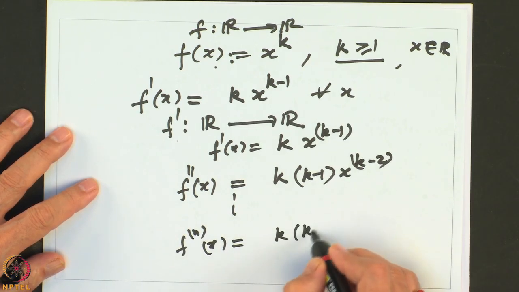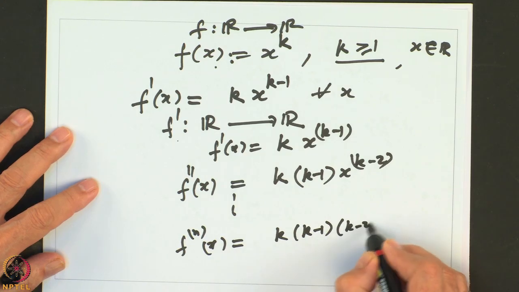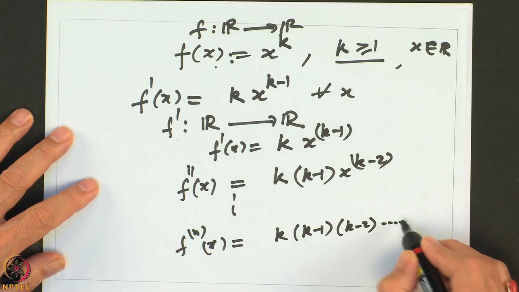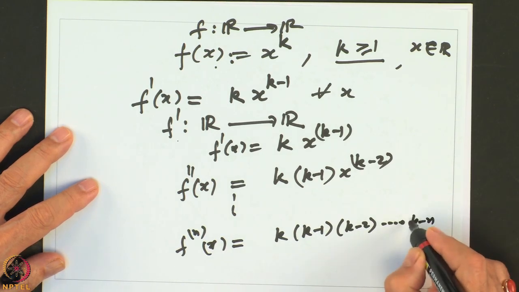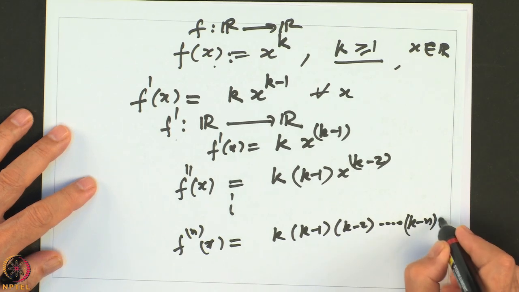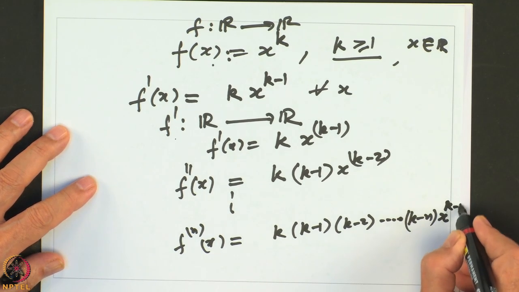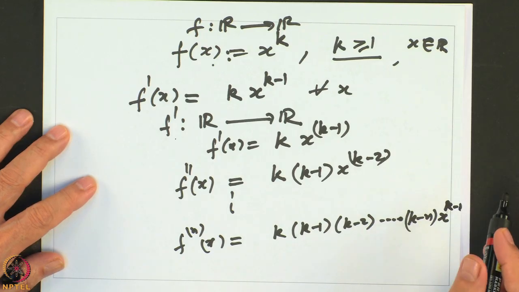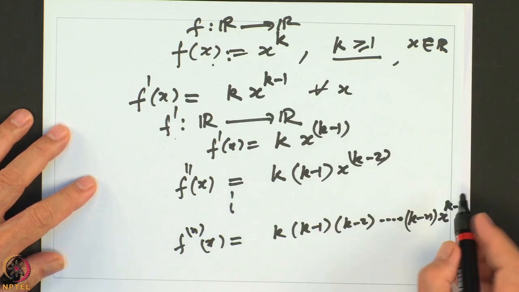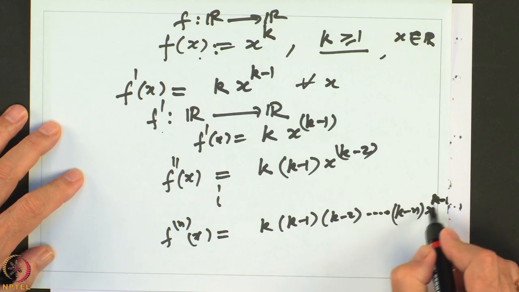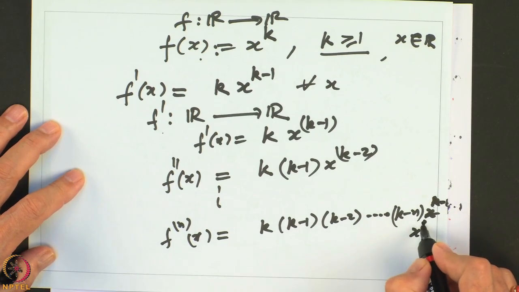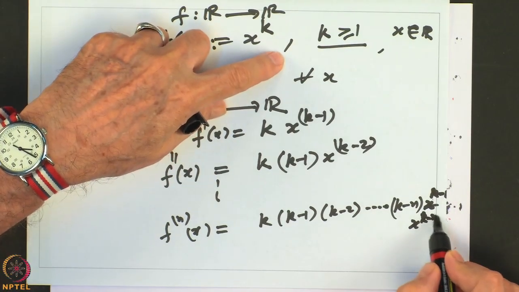It is k(k minus 1)(k minus 2) and so on up to k minus n plus 1, times x raised to the power k minus n.